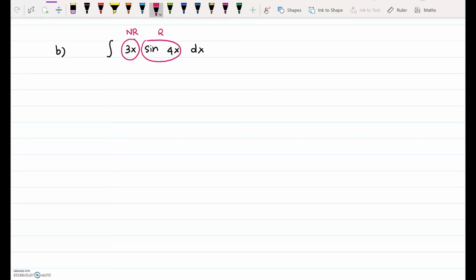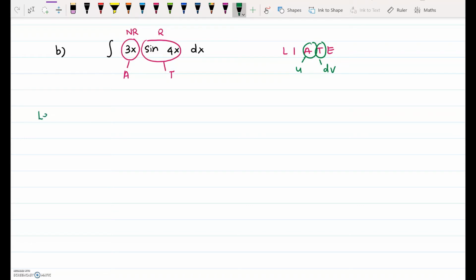Then 3x is the algebraic function, and for sine we have the trigonometric function. Based on the LIATE, we have algebraic and trigonometric functions. That means your a will be your u and the t will be your dv.